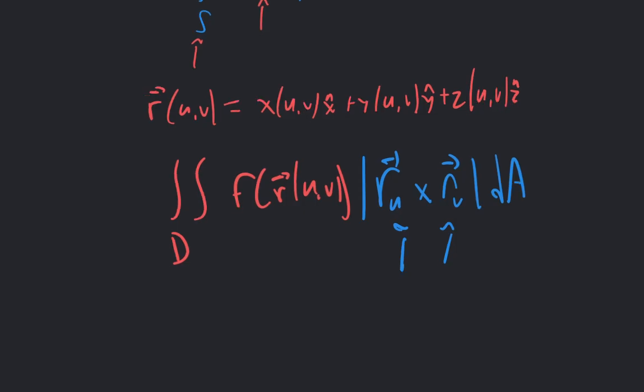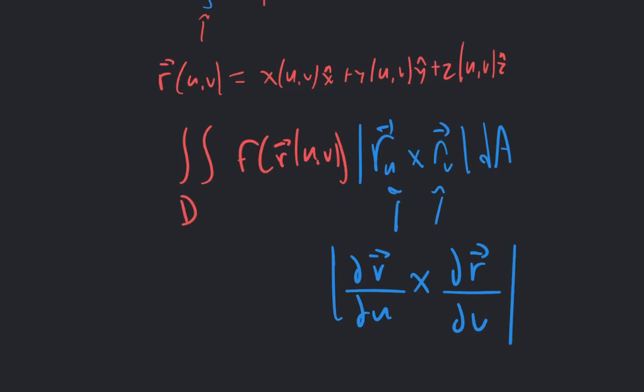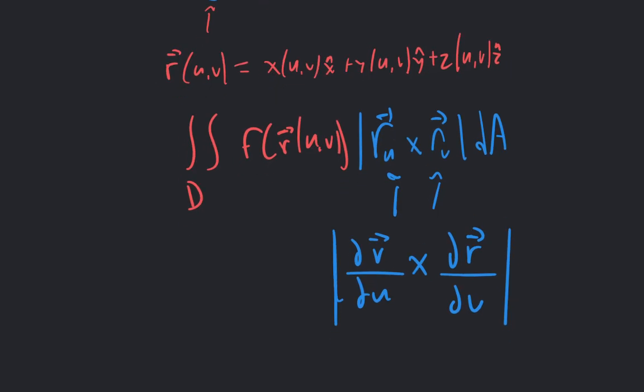So you'll basically be taking this partial r with respect to u, and then cross that with partial r with respect to v, and then you take the magnitude of that cross product.